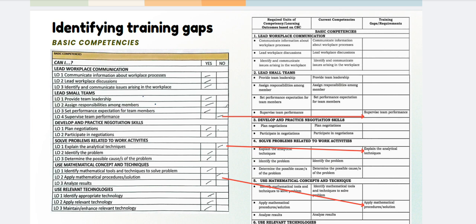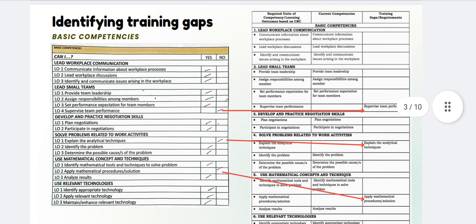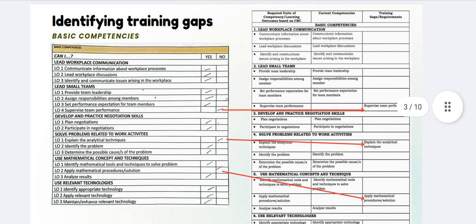And last is under the competency of use mathematical concepts and techniques, which is LO2, apply mathematical procedures and solutions. This LO we will just copy and place under the training gaps in the TNA 1.2.